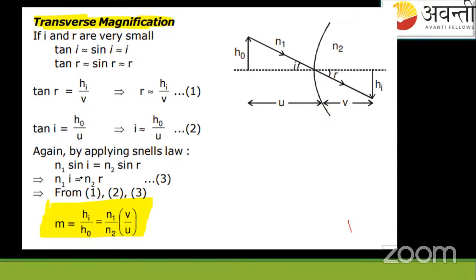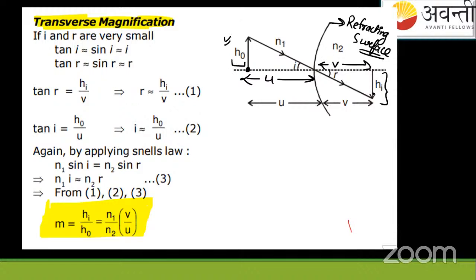It is explaining that if this is a refracting surface, and the object is in front of the surface, at distance equal to u. If the object's height is also given, h0, and the image is at distance equal to v, and the image height is also given. So if you want the connection between the heights and the linear distances, you will use this magnification formula.